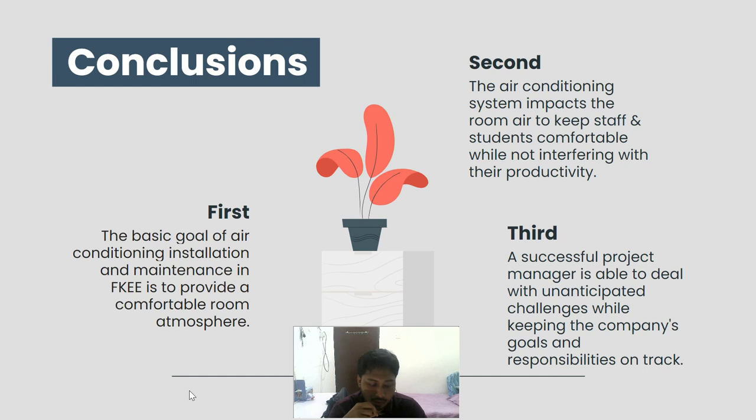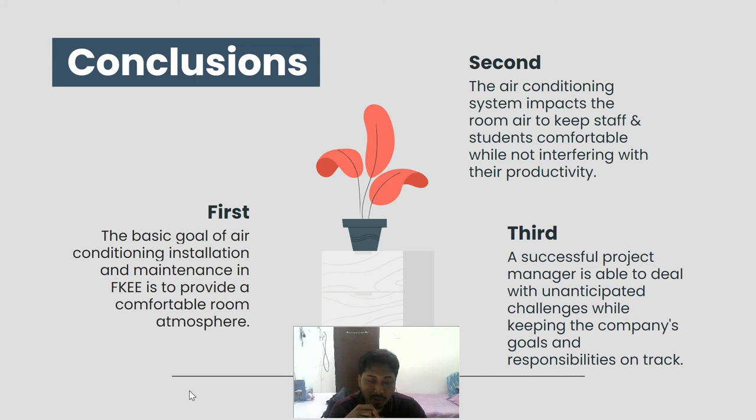Thank you. So, I'd like to bring this presentation to a close with our conclusions. So, there are three conclusions that we have drawn from our presentation. The first one is that the basic goal of air conditioning installation and maintenance in FKE is to provide a comfortable room atmosphere.